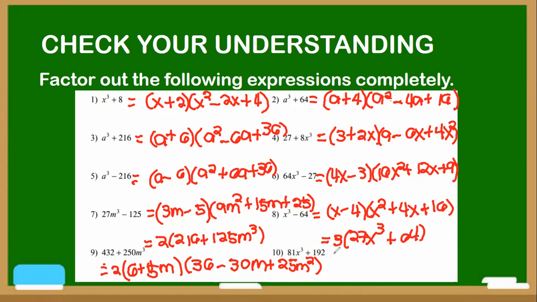If you cannot factor it out, then you take a greatest common factor. So then we factor this out: 3 multiplied by 3x plus 4, then multiplied by 9x squared minus 12x plus 16.